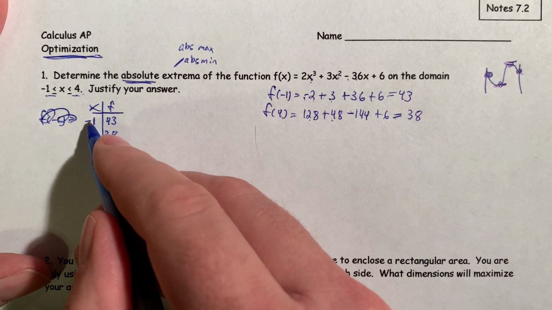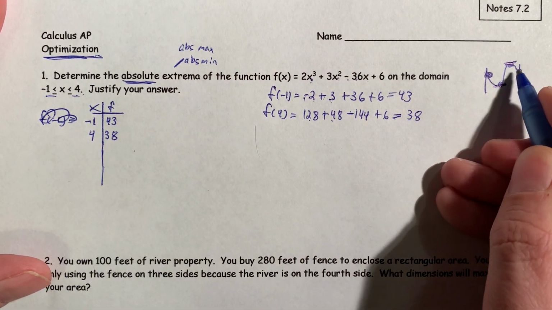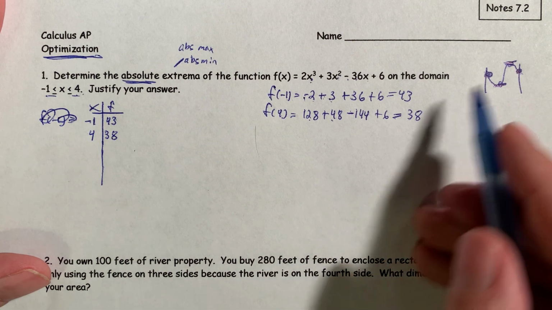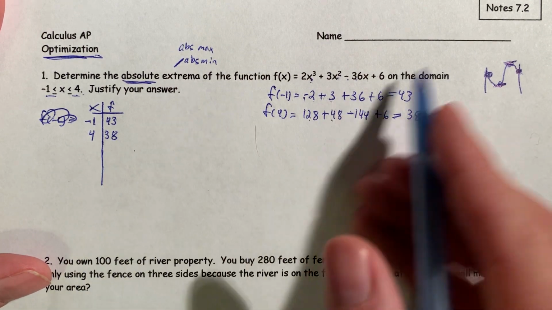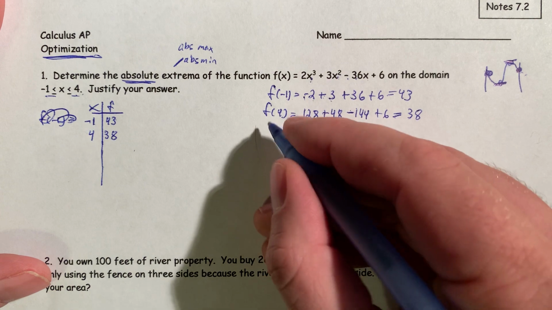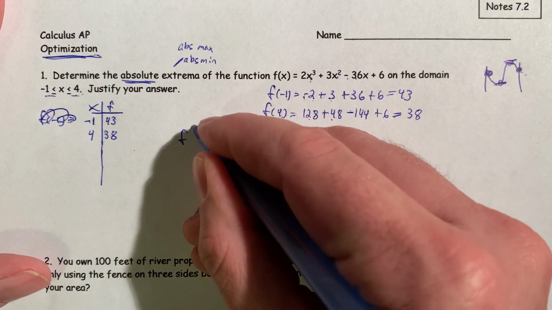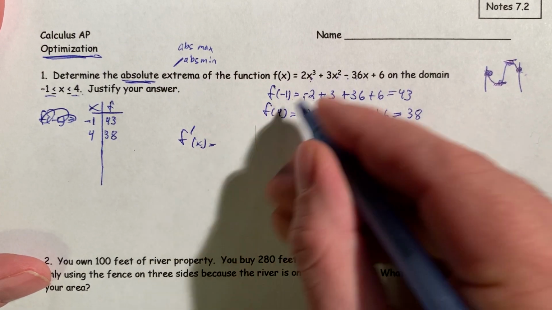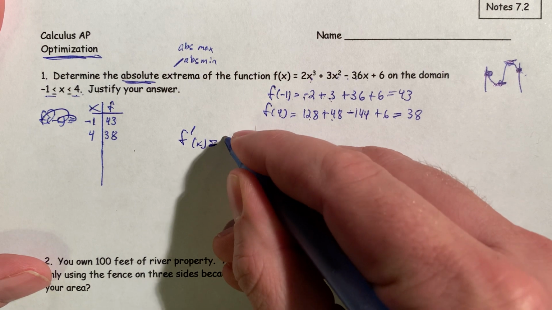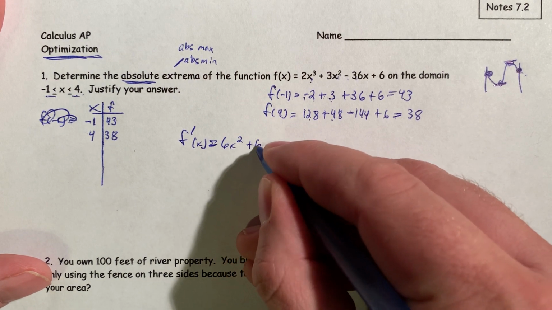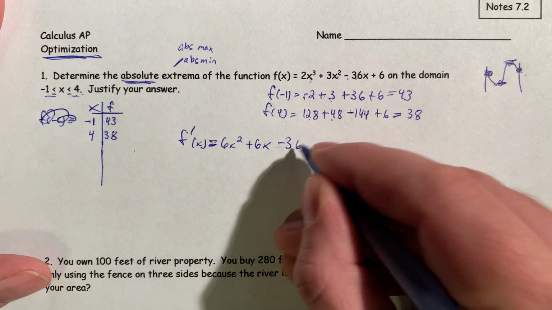Now, these are two of the candidates. Maybe it's at the endpoints. That's what the extreme value theorem says: when there's a continuous function on a closed interval, it could be at the endpoints, or it could be at the critical values. So let's find the critical values. We find the derivative, and the derivative is 6x squared plus 6x minus 36.